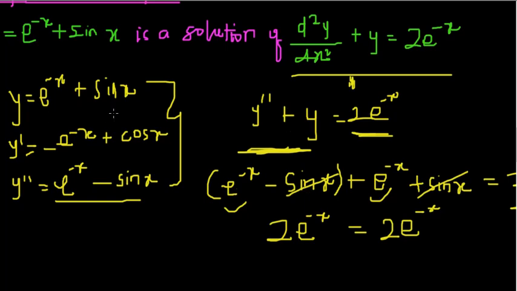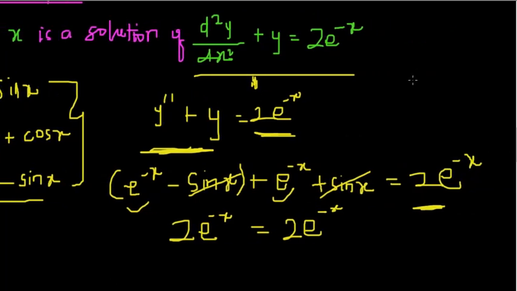You know that y is this expression, so you substitute that in, and it is equal to 2e exponent minus x. From here you can see that sine x will cancel sine x, and then we have e exponent minus x plus e exponent minus x. That will give us 2e exponent minus x, which is the same as this expression.